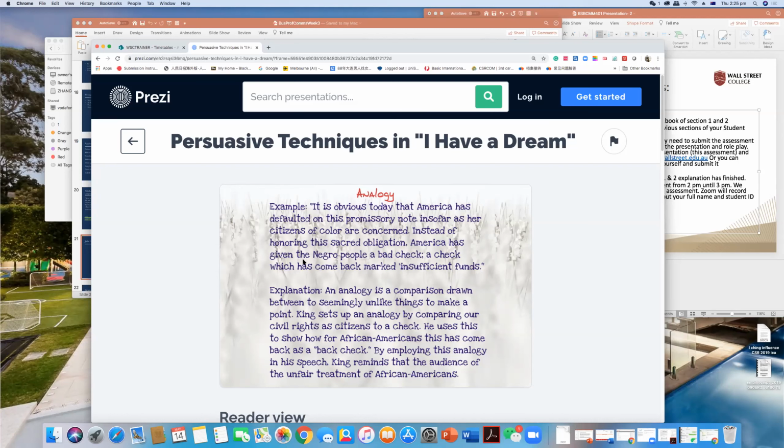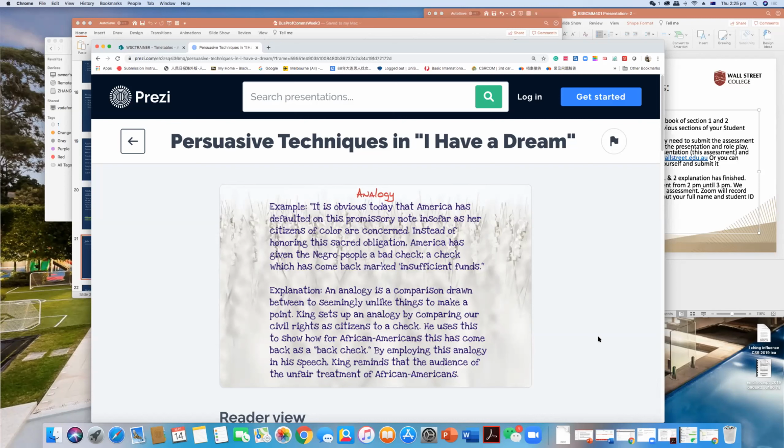Americans have given the Negro people a bad check, a check which has come back marked insufficient funds. So it's also kind of a metaphor. He uses this to show how African Americans received a bad check. So by employing this analogy in his speech, King reminds the audience of the unfair treatment of African Americans.